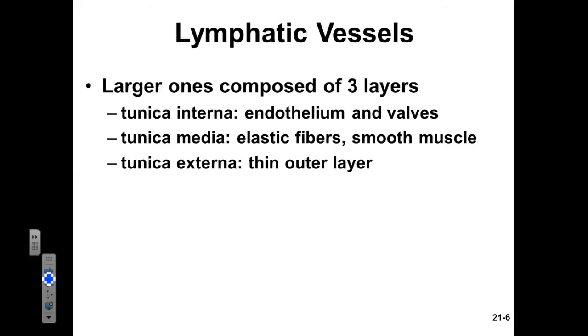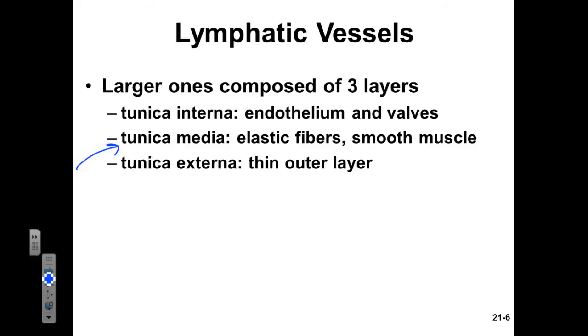The tunica media, just like with our blood vessels, is going to have smooth muscle in it. And if we had to compare lymphatic vessels to either arteries or veins, our lymphatic vessels would be more similar to veins than they would be to arteries. Arteries have very thick tunica medias. Veins have very thin tunica medias.